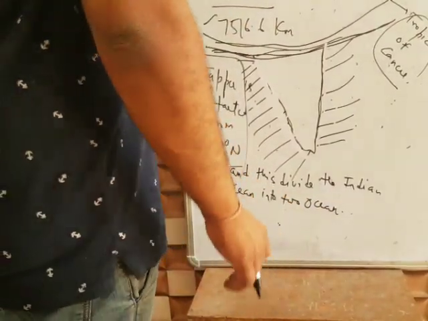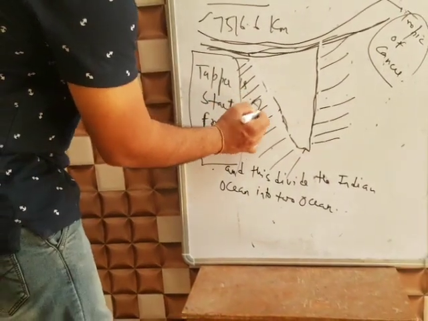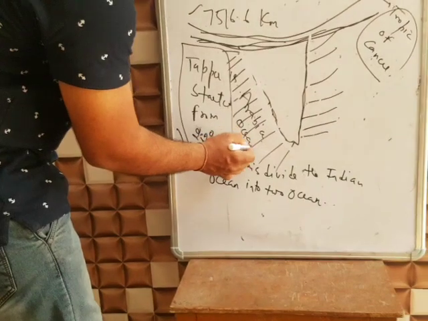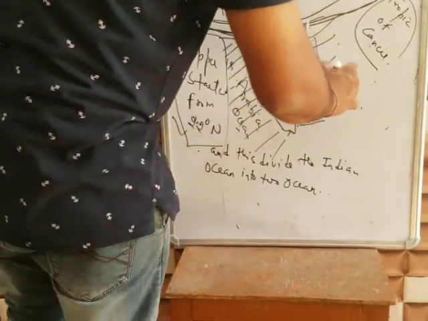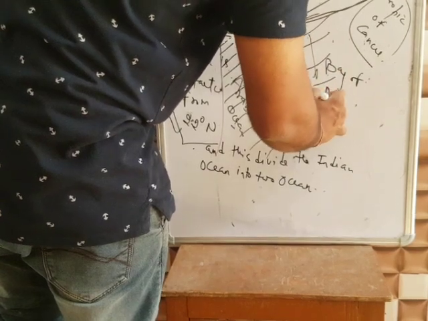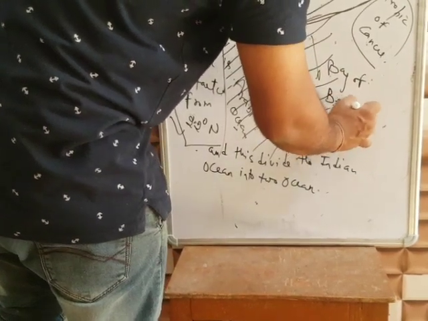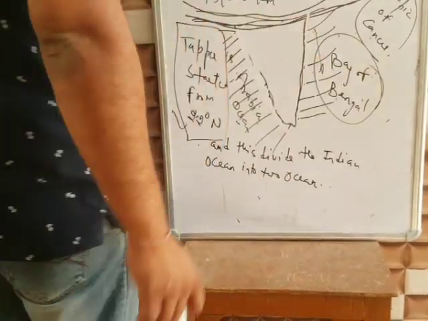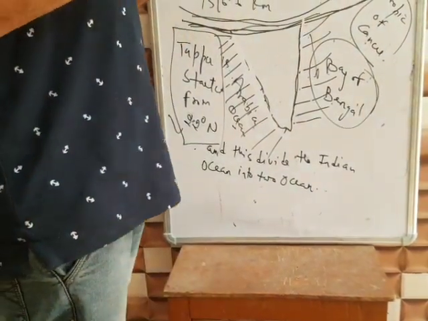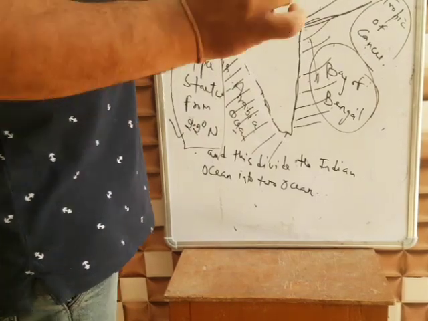Yesterday we also read, this is the Arabian Sea, and this is the Bay of Bengal. All these things are very important. You learn all these things. Very important chapter in terms of the data.